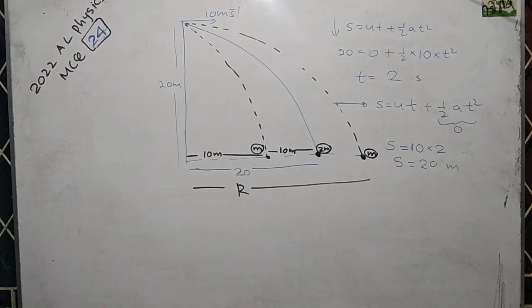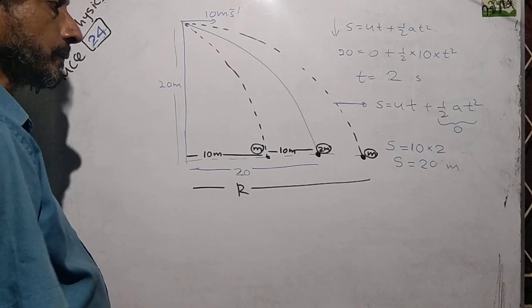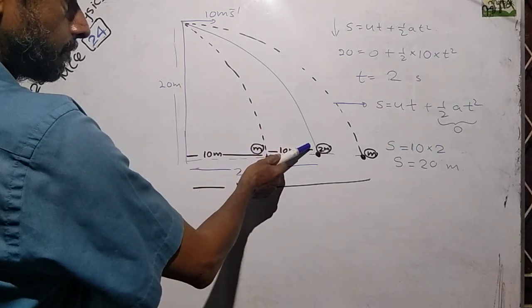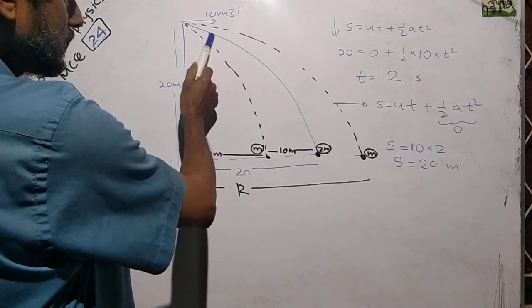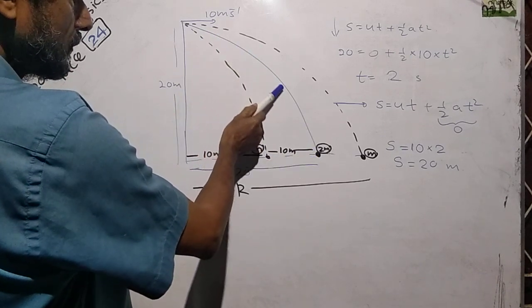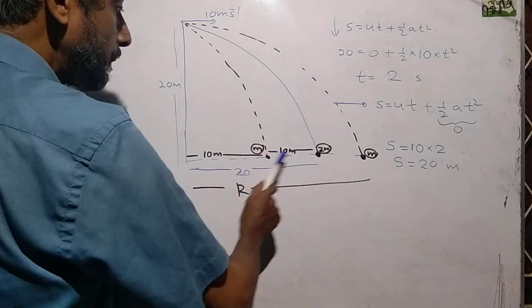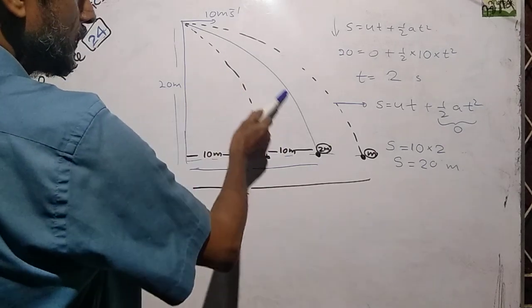Therefore, the center of gravity does not vary. The path of the center of gravity does not vary. Always it goes along this path. The center of gravity of these split parts should always be on this path.